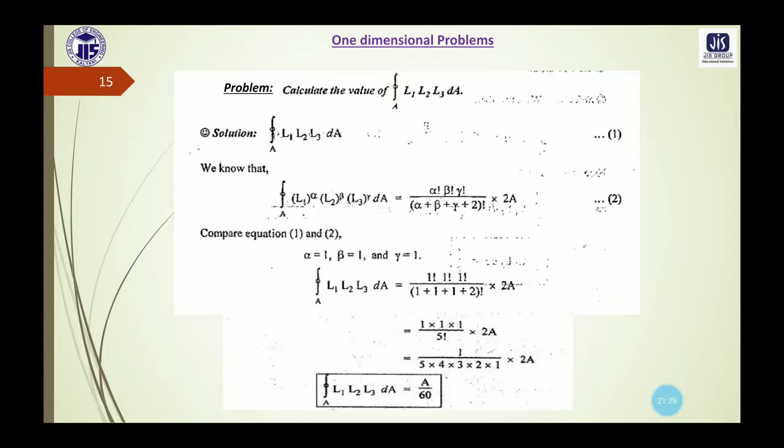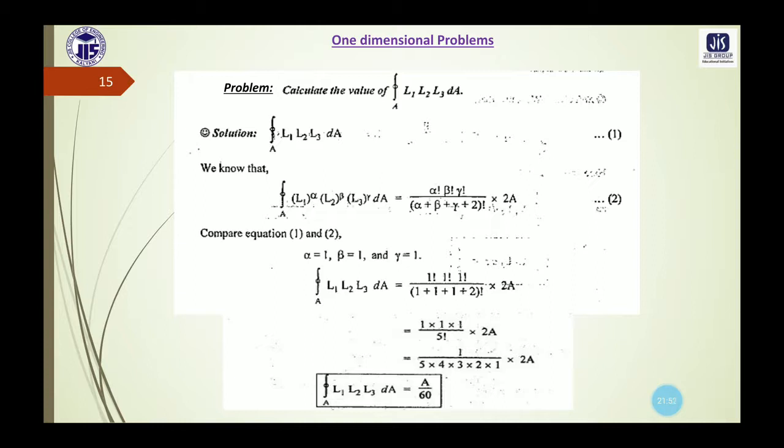We will use this formula to solve the present numerical. Now if we compare equations 1 and 2, we can easily identify that alpha, beta and gamma are actually 1 for this numerical.